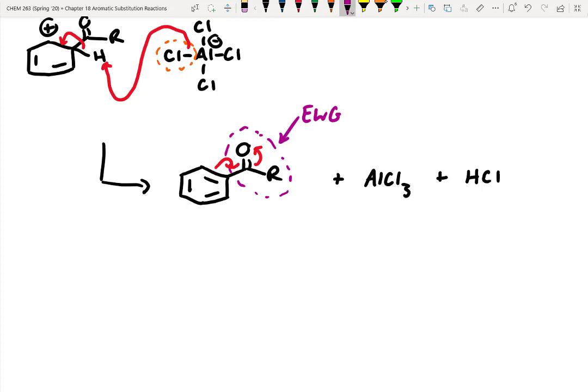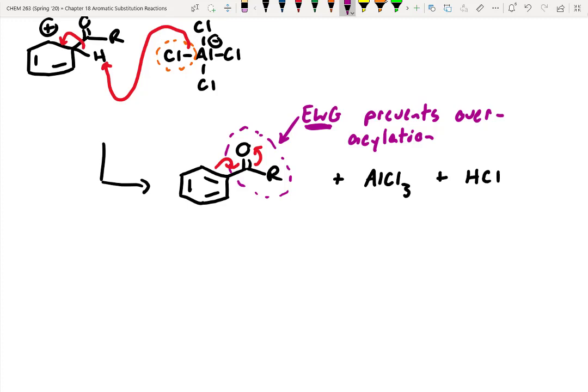And therefore, the electron withdrawing group prevents this reaction from over-acylating. That was one of the big pitfalls we saw with the alkylation reaction. In the alkylation reaction, we weren't installing an electron withdrawing group, but rather we were installing an electron donating group. That led to the problem of over-alkylation.